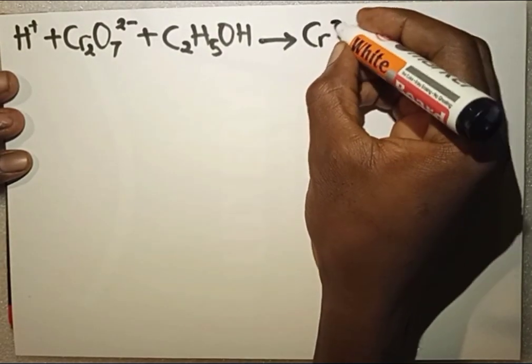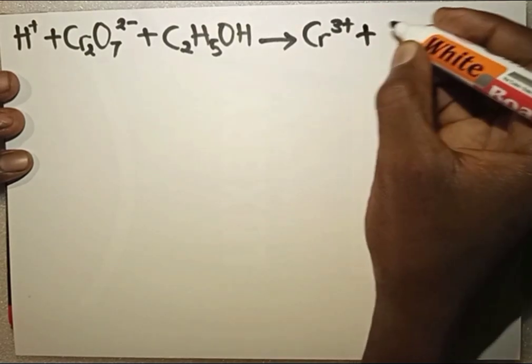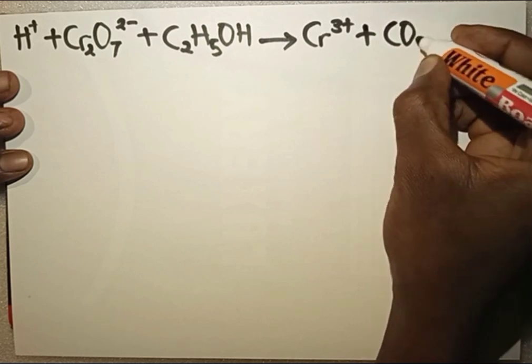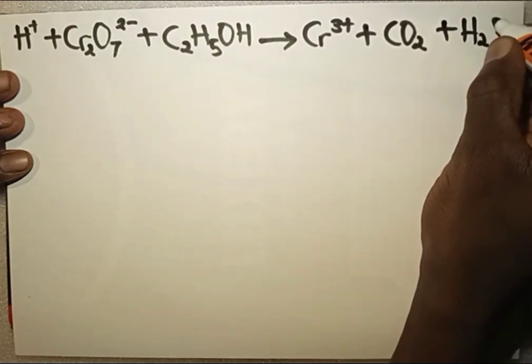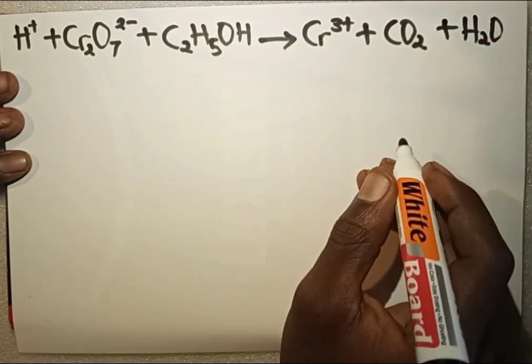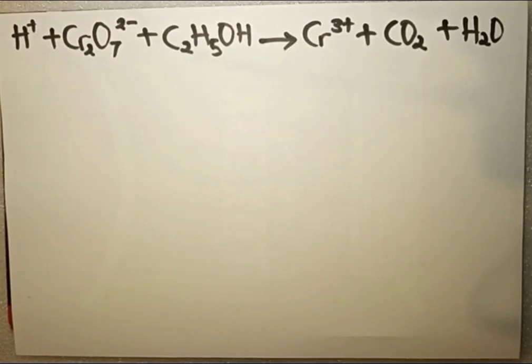Pardon me, I'm leaving out the state symbols to economize my space, but don't leave out state symbols. Okay, so we have this equation. So now we can follow the steps, because they are guiding us.